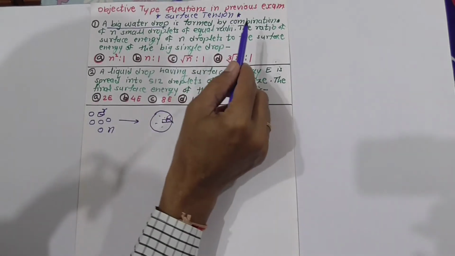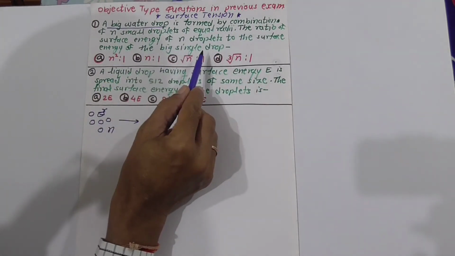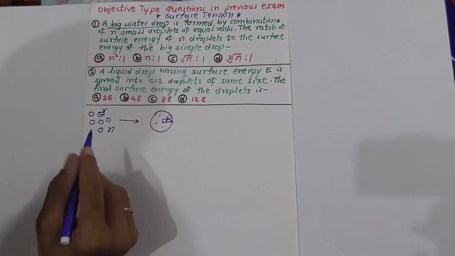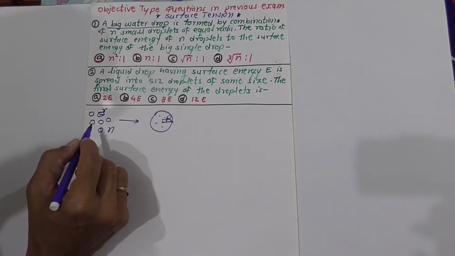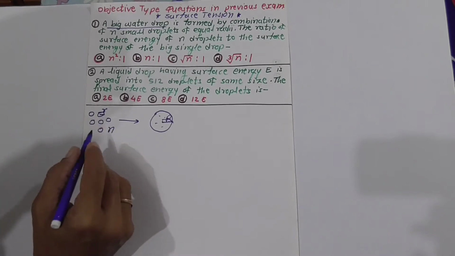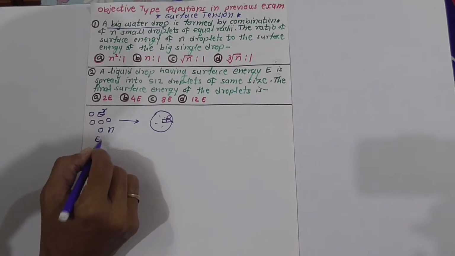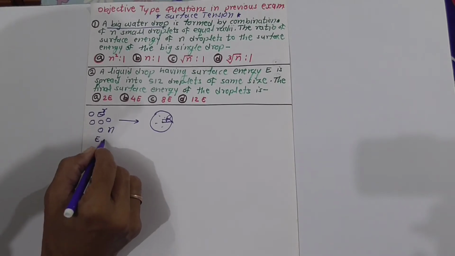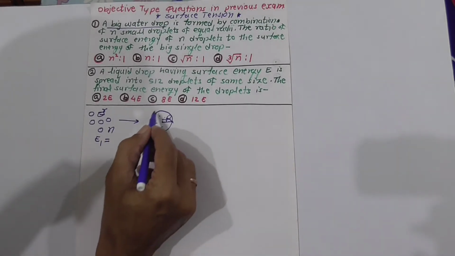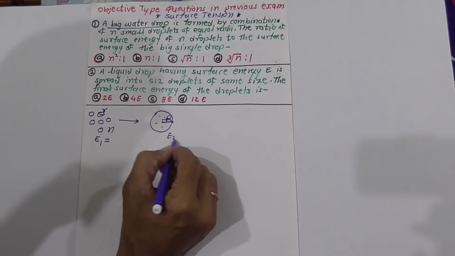What is the actual requirement? The ratio of the surface energy of n droplets to the surface energy of the big single drop. We know that, according to surface tension, these droplets possess surface energy. That surface energy for the n droplets is E1, and the surface energy of the single drop produced from these droplets is E2.